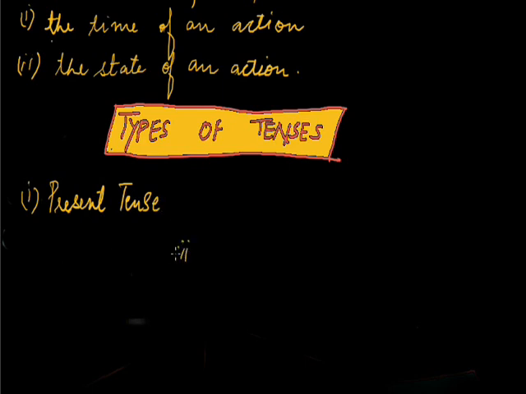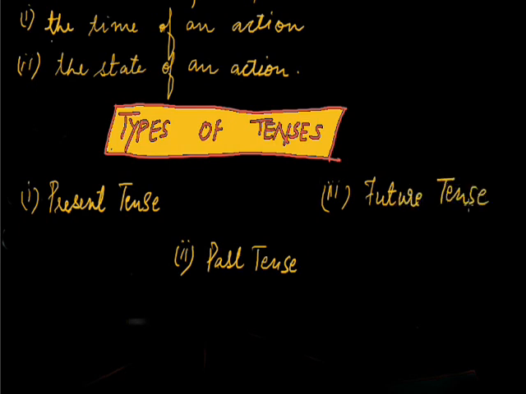Number two, past tense. And third again, the future tense. So these are the major categories of tenses. Let us study them with the help of examples.